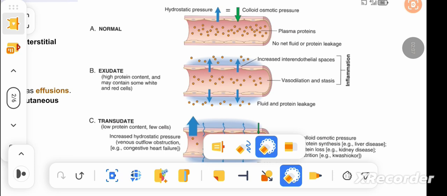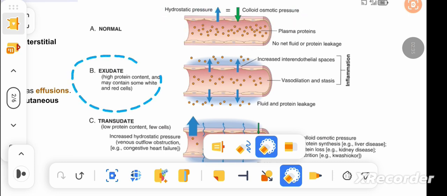Hydrostatic pressure pushes the fluids out of the blood vessel, and then oncotic pressure, or colloid osmotic pressure, will pull back the fluid which was lost back into the blood vessel. So these pressures maintain the fluid in the blood vessel.